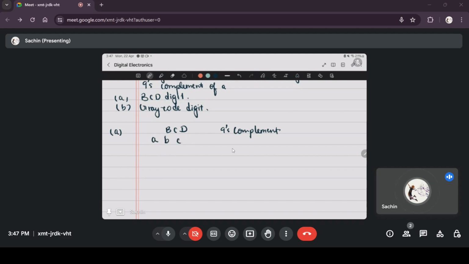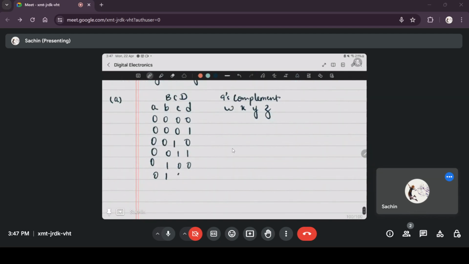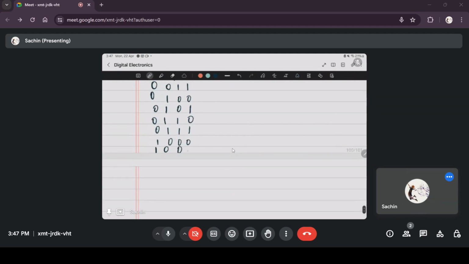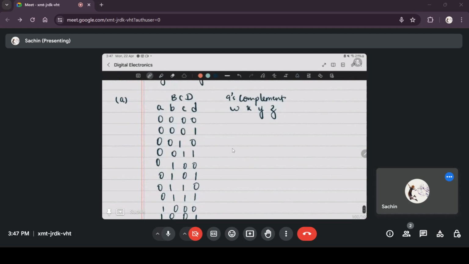Let the input BCD number be ABCD and the output BCD nines complement be WXYZ. BCD numbers go from 0 to 9, and for the 9's complement you subtract the number from 9.